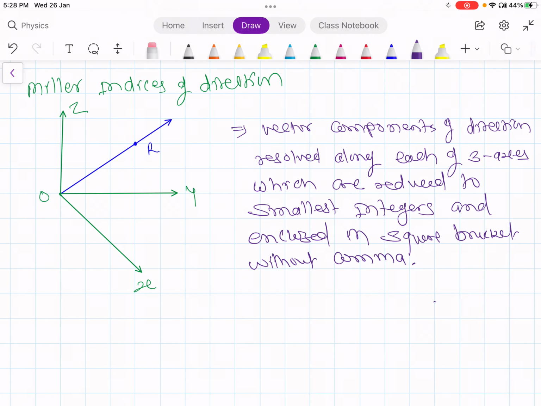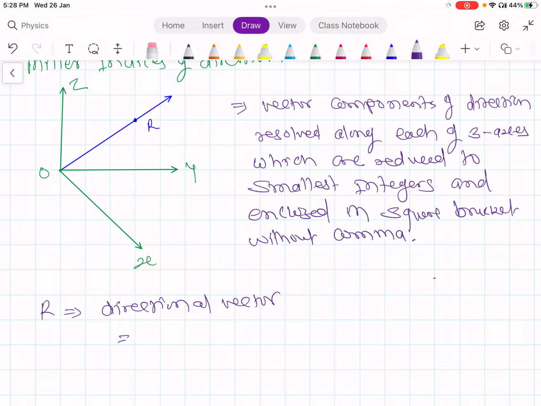Now in this diagram, R is the directional vector which is passing through origin. So any direction is passing through origin.